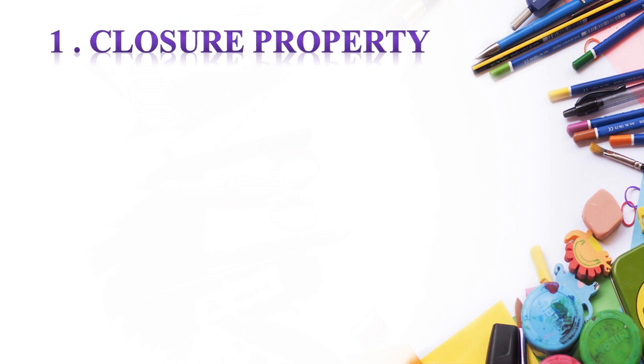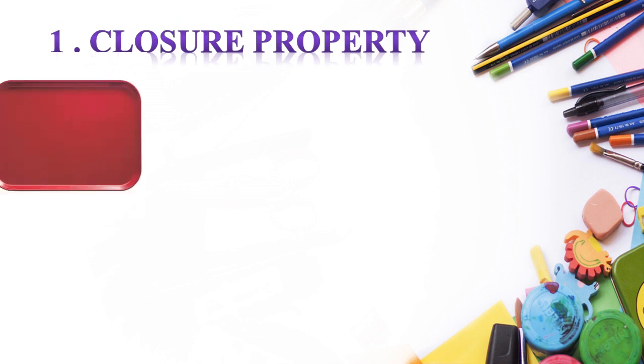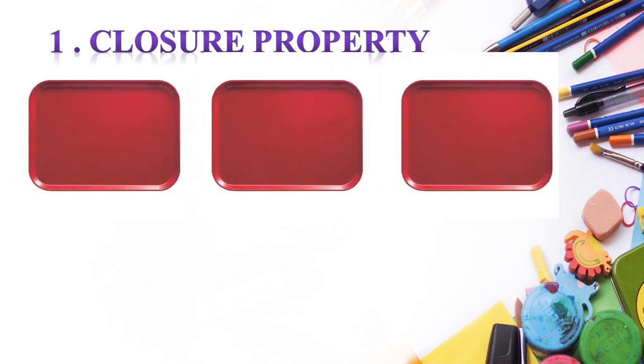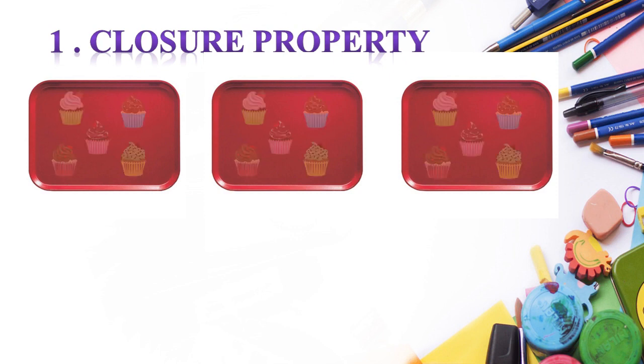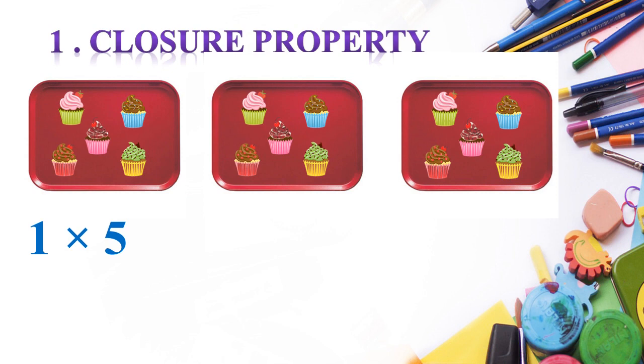First, let us see closure property. Let us understand with an example. Here, 3 trays are there. In each tray there are 5 cakes. Let us find the number of cakes for one tray. So, we multiply 1 and 5 equal to 5.